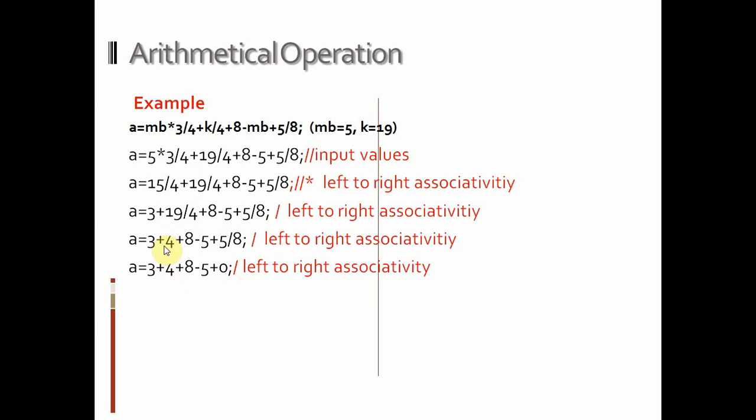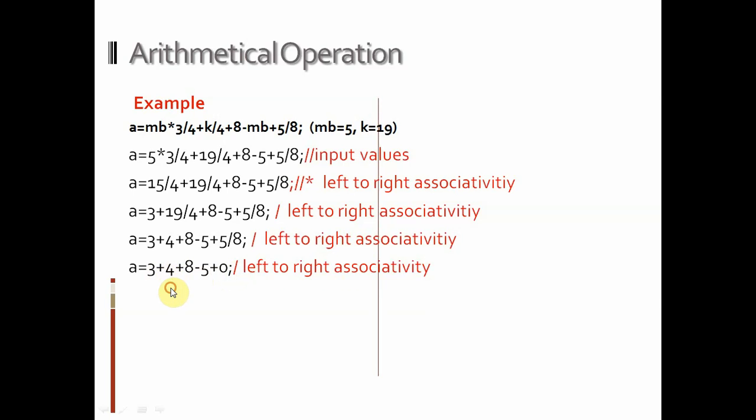Now all the higher priority operators have been solved, and the lower priority operators are left. To solve them, again we will follow the operator precedence rule and associativity rule. According to the associativity rule, these operators will execute from left to right because they are of the same priority.